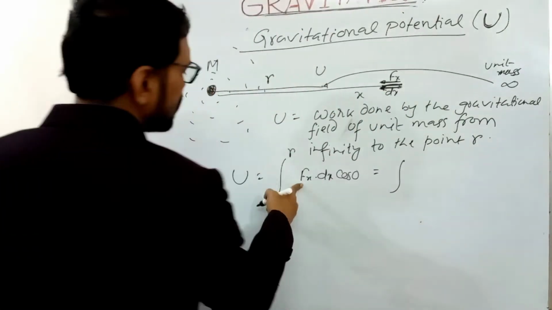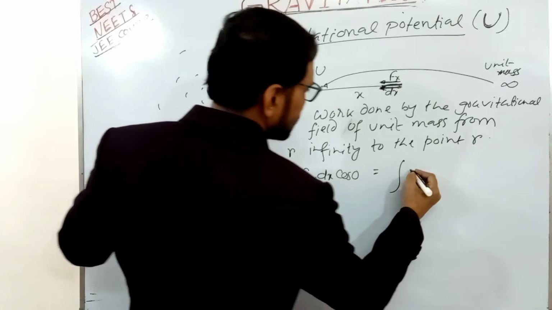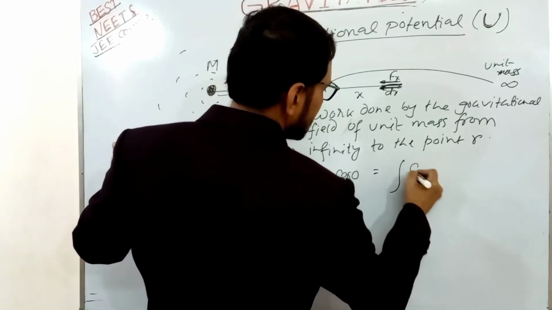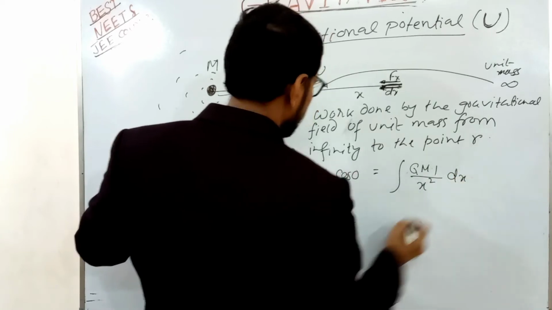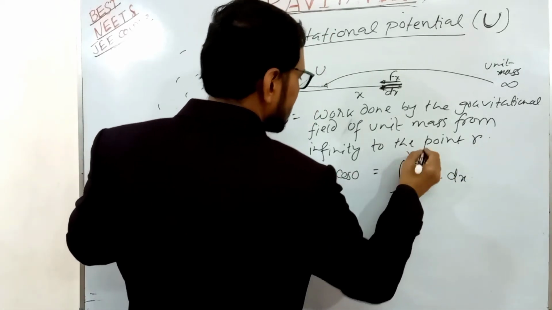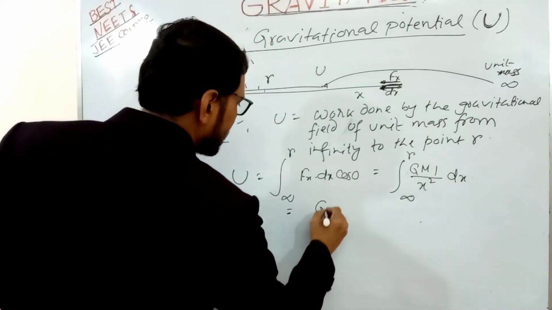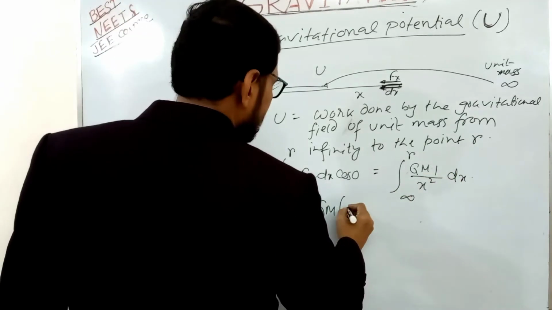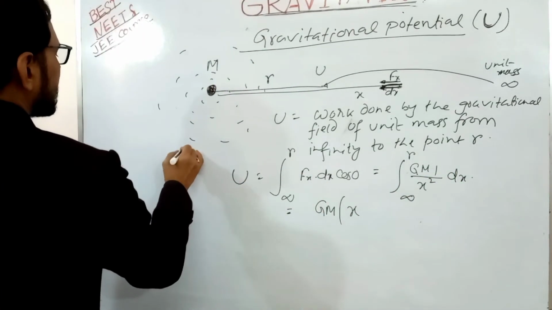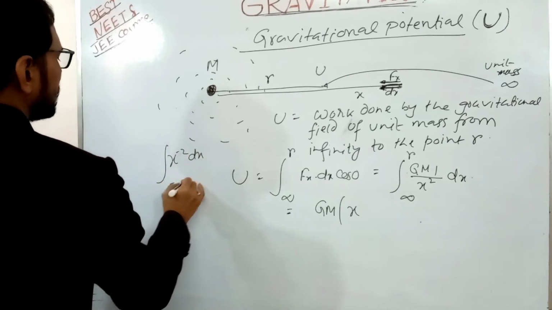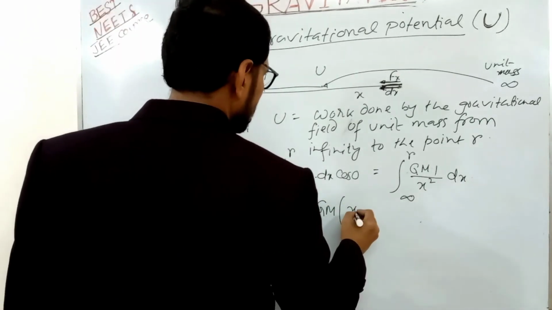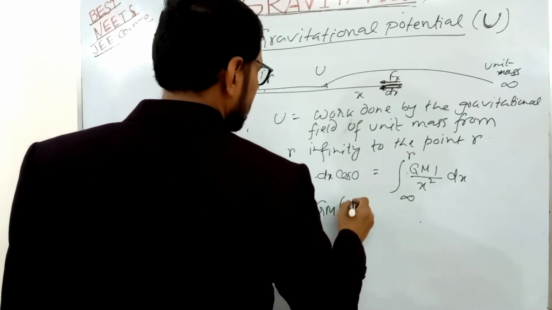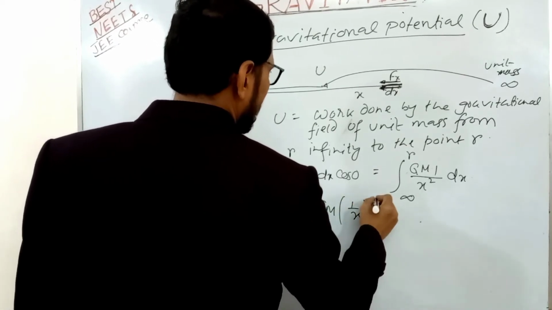So force equals GM into 1 by x square, dx cos 0, from infinity to r. Now the integration of dx by x square is x to the power minus 2 dx, which gives x to the power minus 1 by minus 1, that is minus 1 by x, from infinity to r.